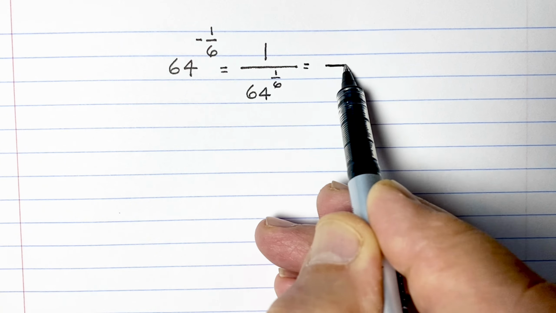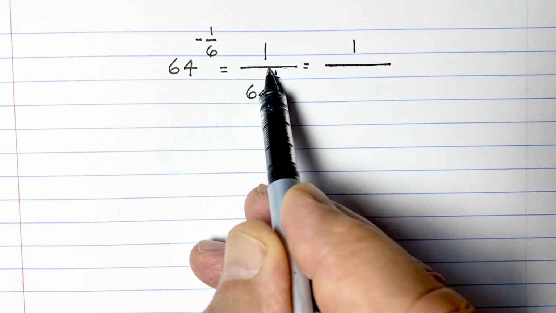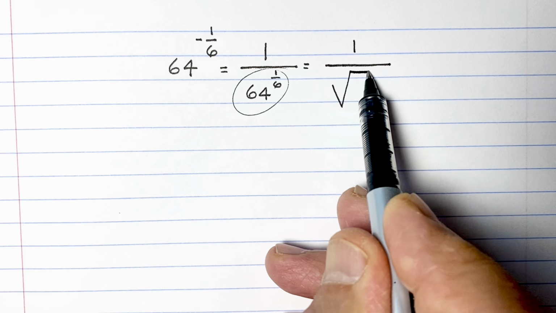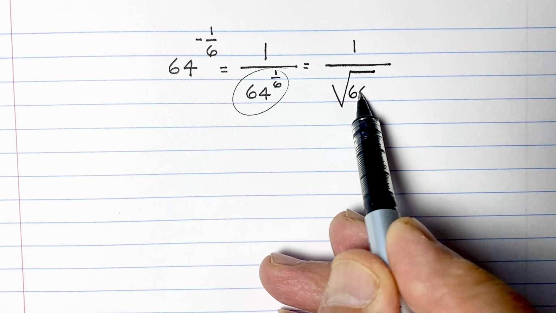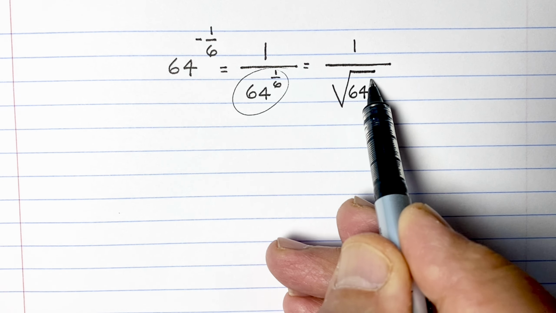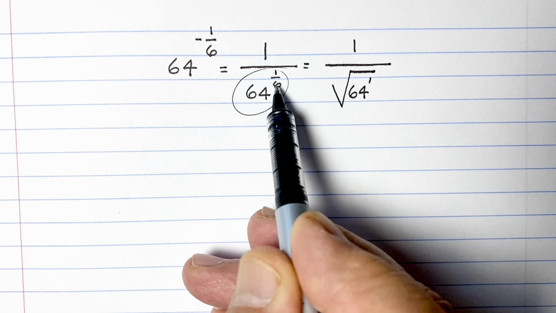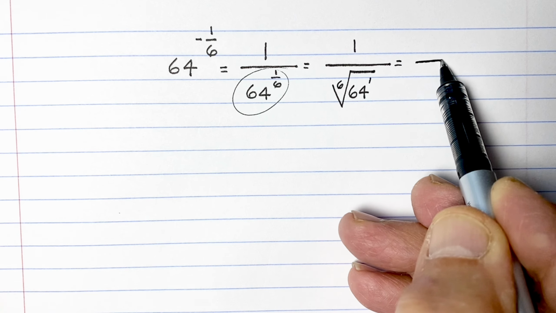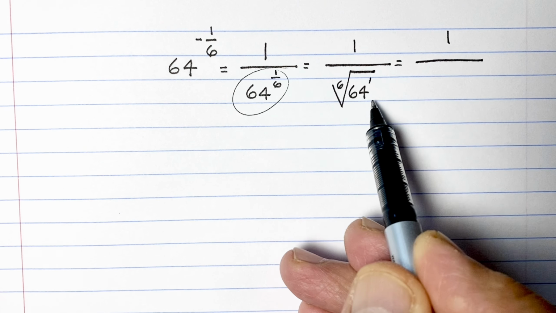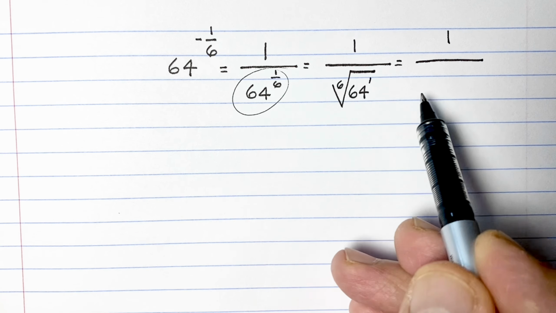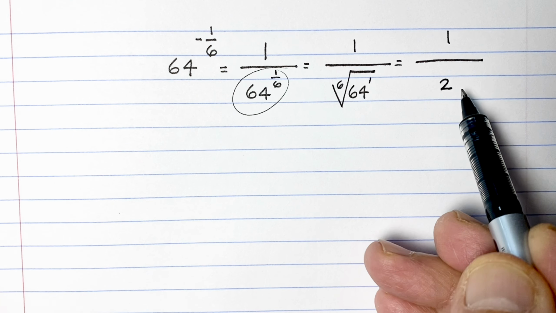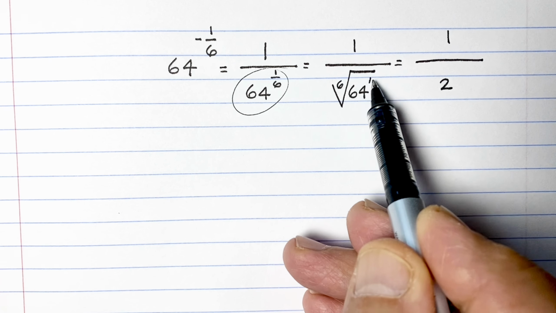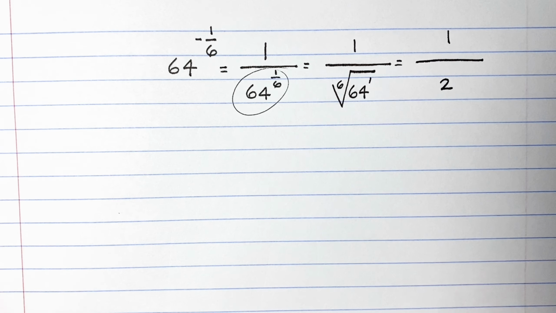So I've got a fraction, on the top is 1, and here is law number 5, which is written as 64 inside the root, 1 the numerator as a power, and 6 goes in here. The 6th root of 64 is 2. To the power of 1, just 2. We didn't have to write this power of 1. So the answer is half.